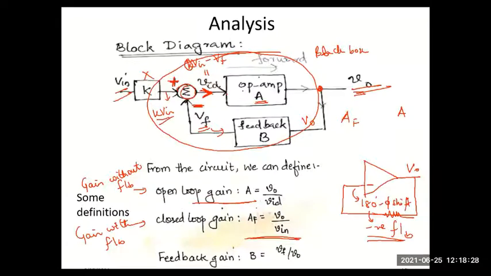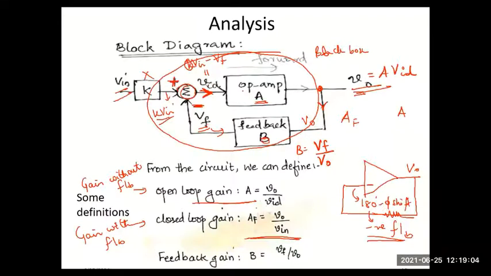The basic operational amplifier will amplify this differential input VID with a gain A. So you will get an output voltage V0 which is A times VID. This V0, we bring to the feedback network. The transfer function or the feedback factor B or beta is defined as the output of the feedback network divided by the input to the feedback network, Vf by V0.